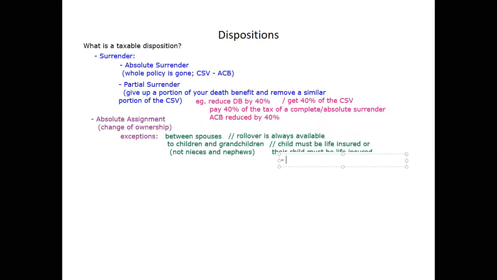What am I missing? So this is done at the transferor's ACB. Basically, the child just inherits the tax consequences. Okay.